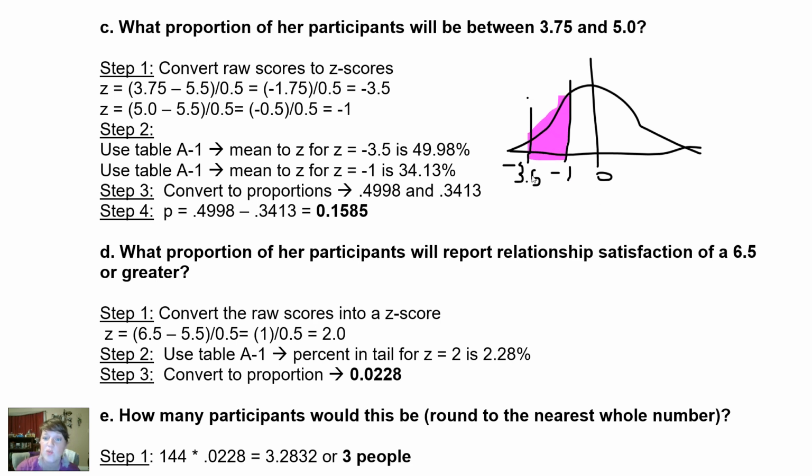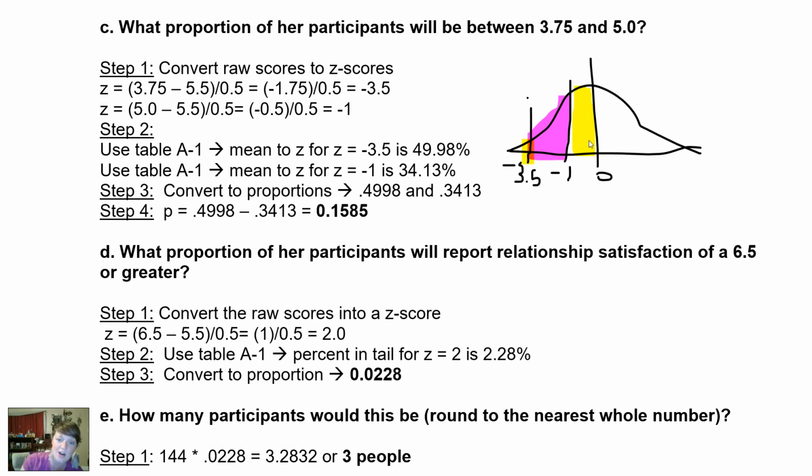Between -1 and -3.5. So the mean to z from 0 to -1 is this area in yellow. But I'm not being asked about the area in yellow. I'm not being asked about the area from 0 to -1. Well, I see that the mean to z from 0 all the way to -3.5 is 49.98%.